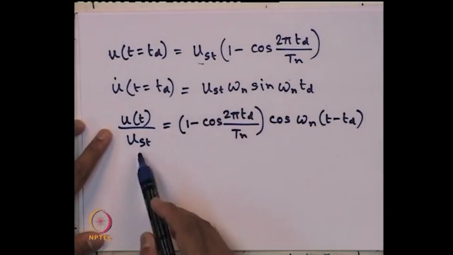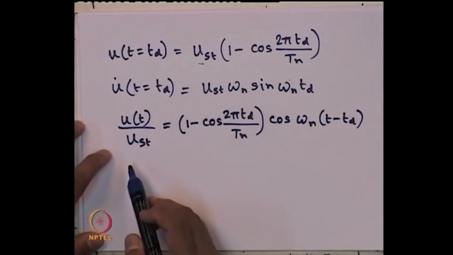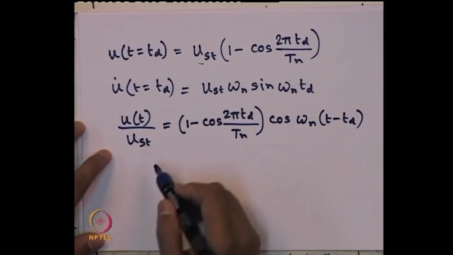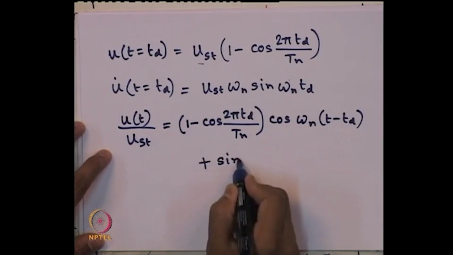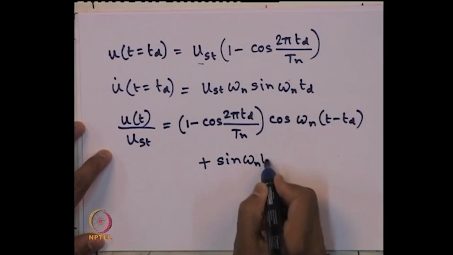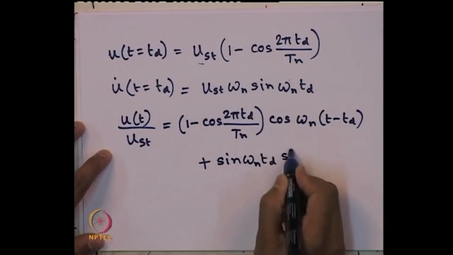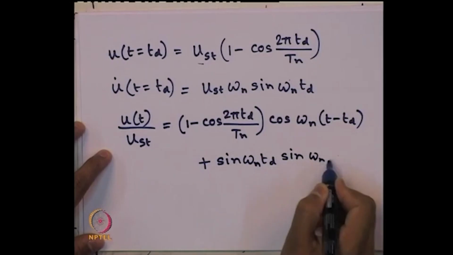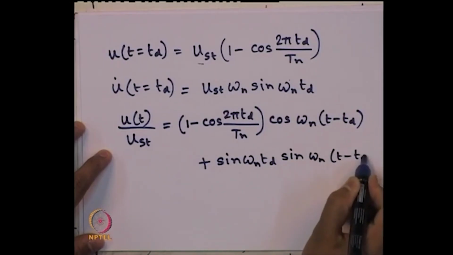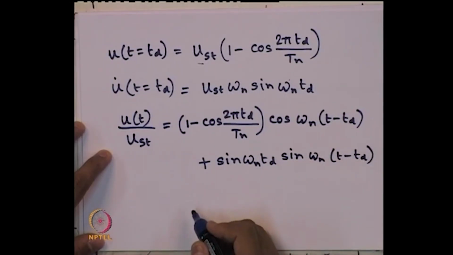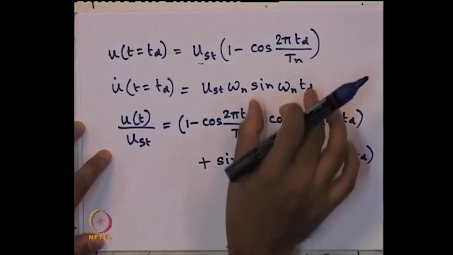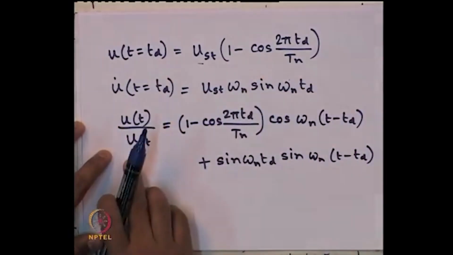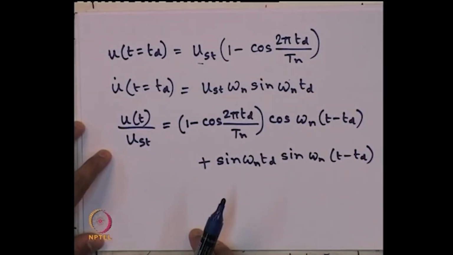I have taken u st out in the denominator, that is why we can write it like this, plus sine of omega n T d times sine of omega n times t minus T d. Because omega n was in the denominator, it gets cancelled. The remaining portion is this one, and I have already taken this out. So, this is the simplified form. Am I right?